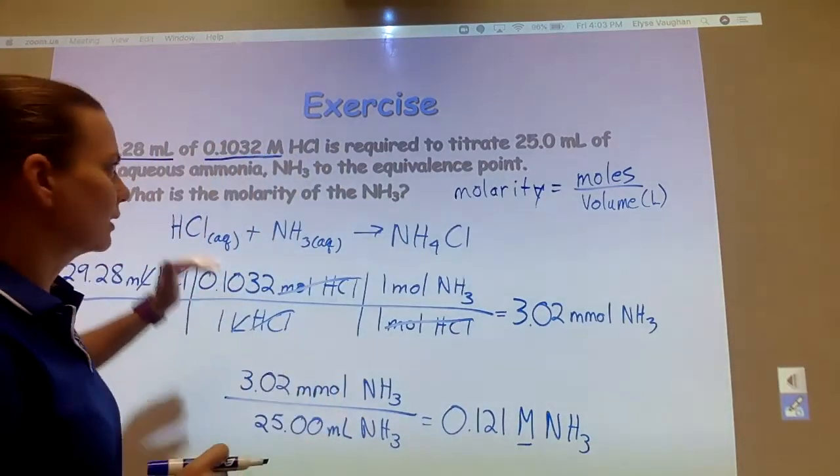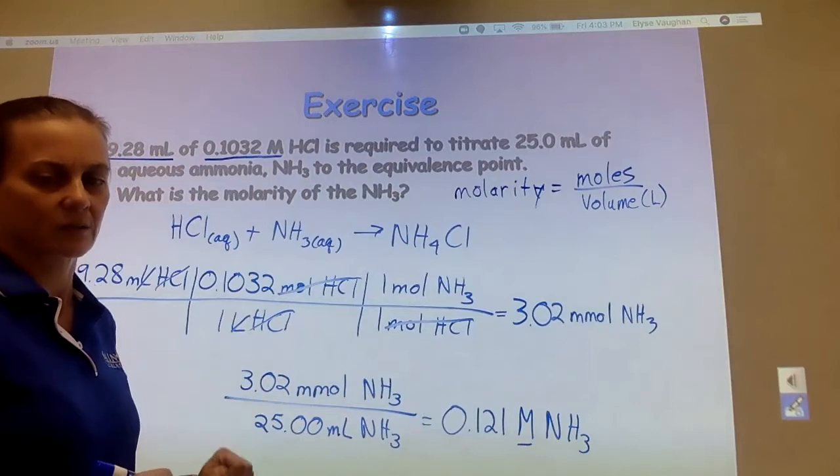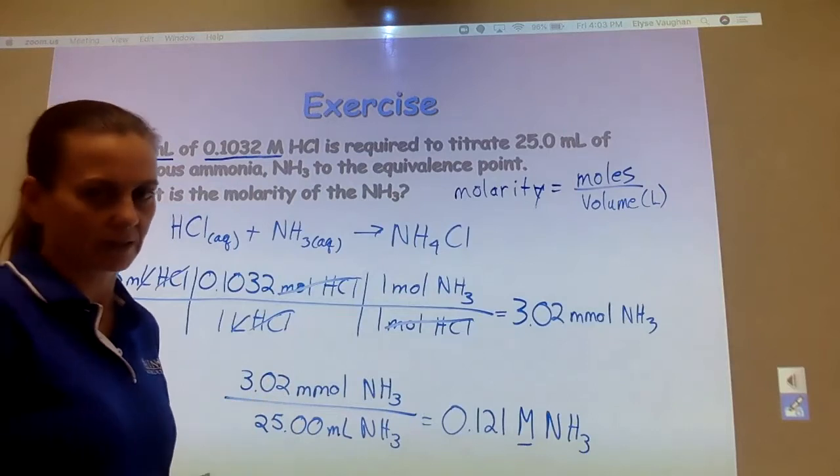Because all of my units were in milliliters, I didn't need to convert away from milliliters because I was going to wind up dividing by milliliters at the end.